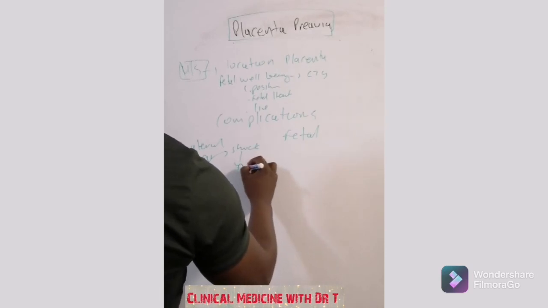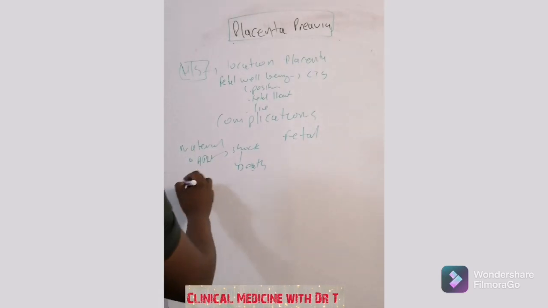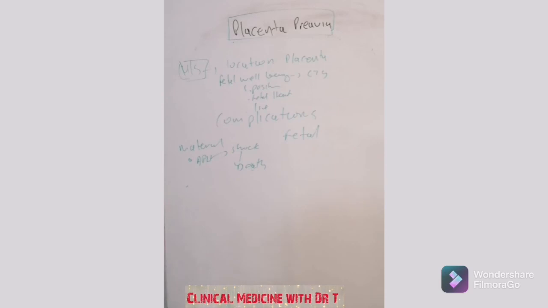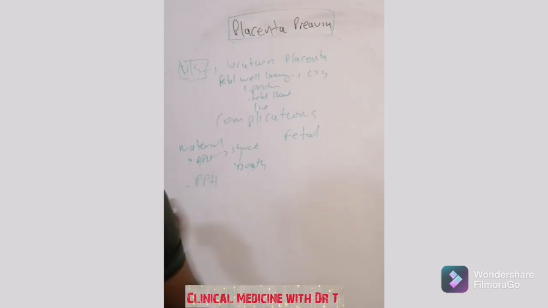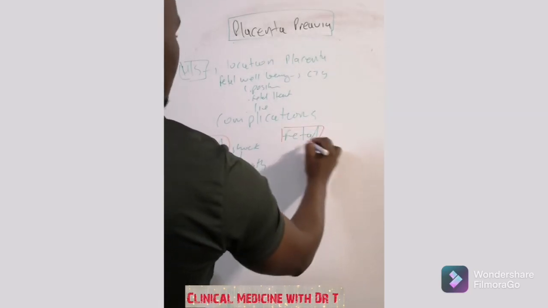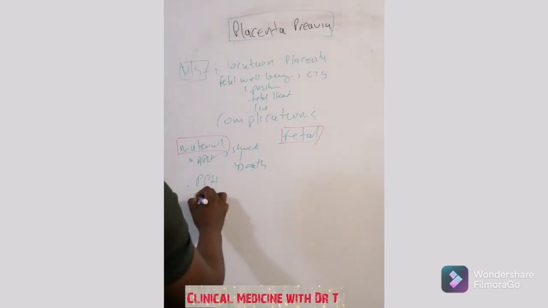That's one. Number two, because of the antepartum hemorrhage that they have, they're at a risk of developing PPH after they have delivered. Which means as a treating doctor, you must look out for PPH and it must not surprise you. They can even have anemia.